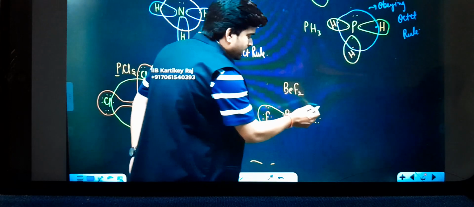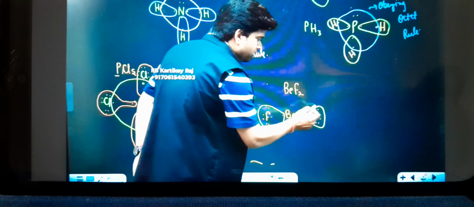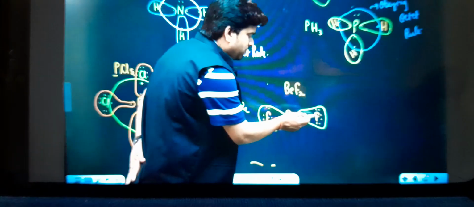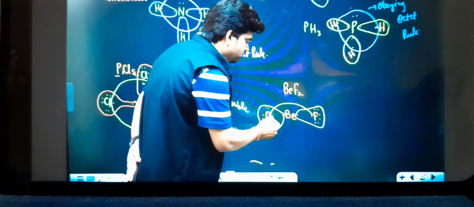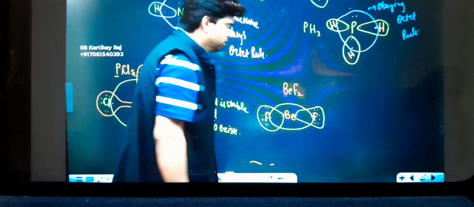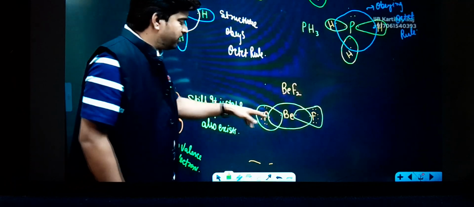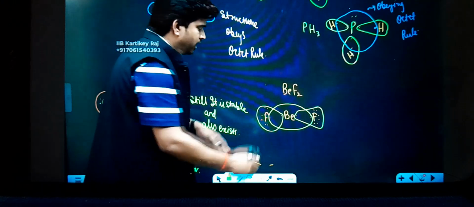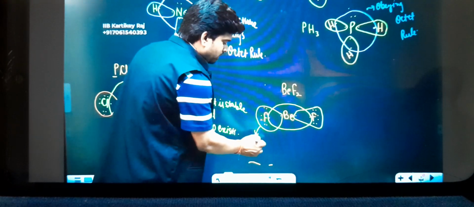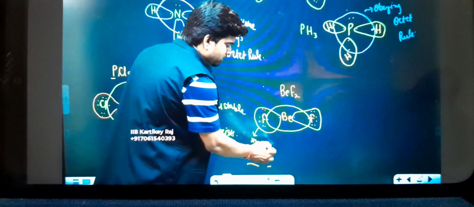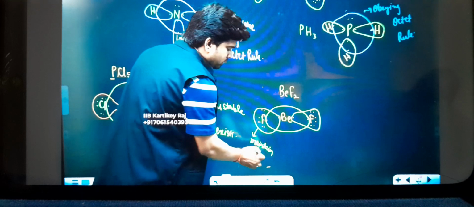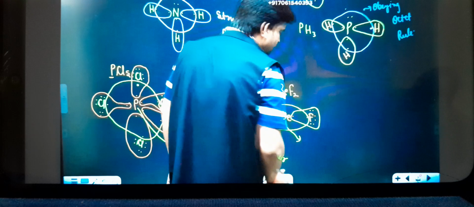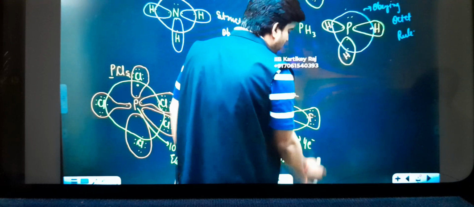Again, this fluorine also wants to maintain the octet, no problem. But see, the beryllium also wants to complete its, not octet. You find, sir, this beryllium is having only 4 electrons. Here, fluorine maintains its octet. But if I am talking about the beryllium, it has only 4 electrons.